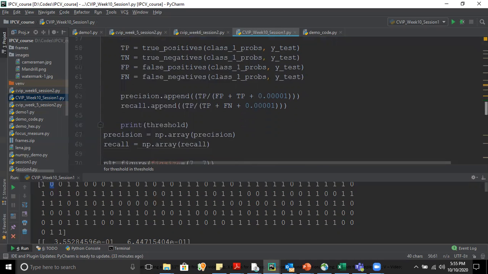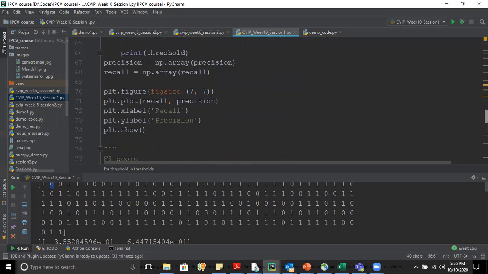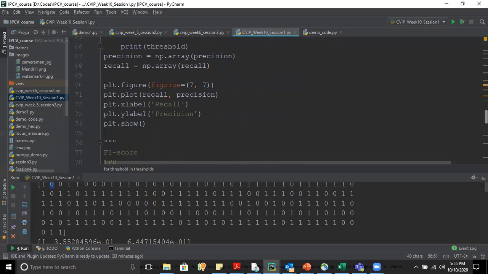Okay, so once I have this array of precisions and array of recalls, I'm using this matplotlib pyplot function and passing them to this plot. And x label recall, y label precision, this you anyways know. And I'm using plt.show in order to show this precision recall curve.